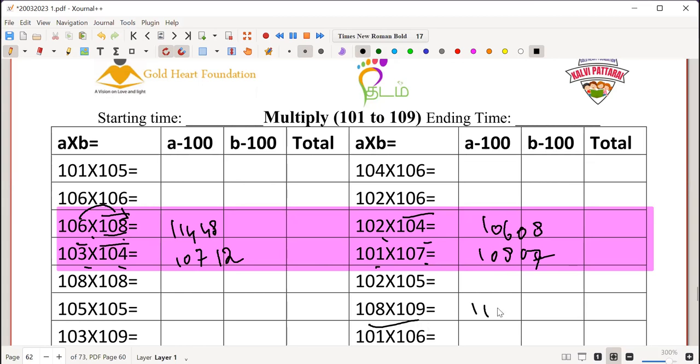So this is 117 70. This is 112 27. This is 113. This is 103. This is 11. This is 1005. So when your brain is getting stimulated again and again, you'll be getting that shock.